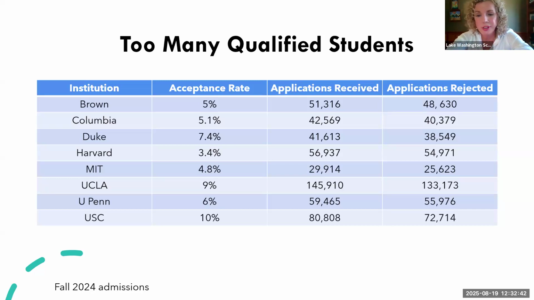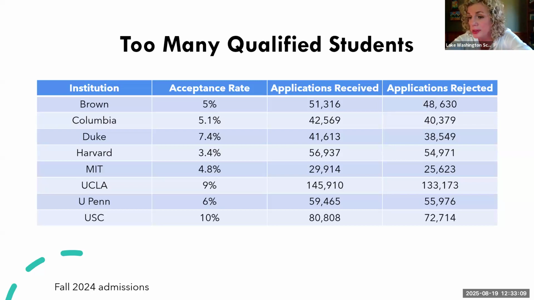So this has been updated with last year's numbers. And I don't do this to be Debbie Downer. I just think it's really hard when a student hears the term, oh, they have a 5% acceptance rate, a 4%, 7% acceptance rate. What does that mean? So let's use Duke as an example. Last year, 41,000 applicants applied to Duke, and 38,000 of them were rejected.